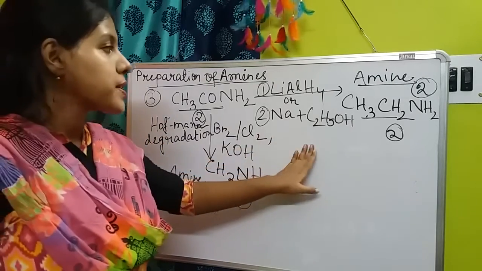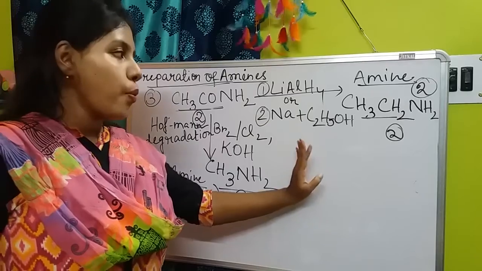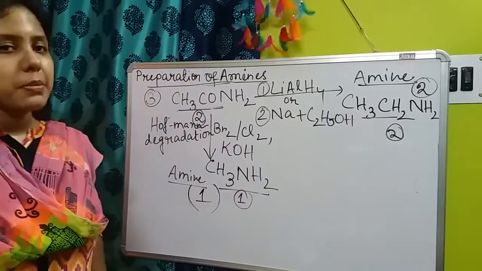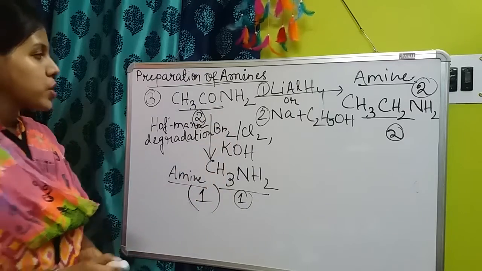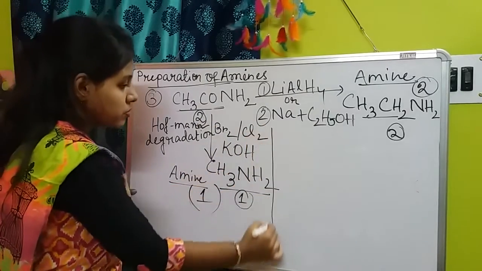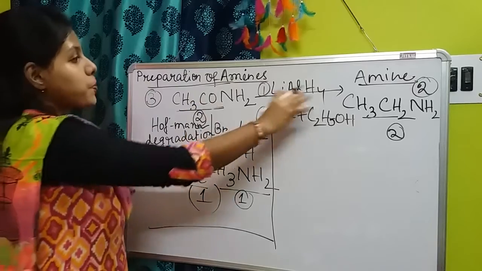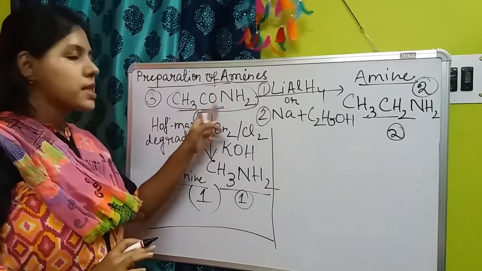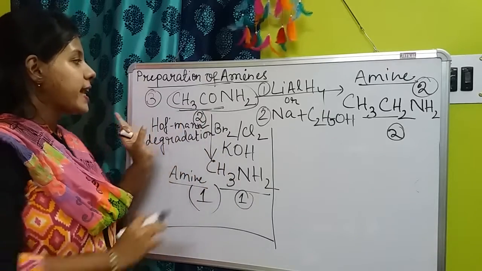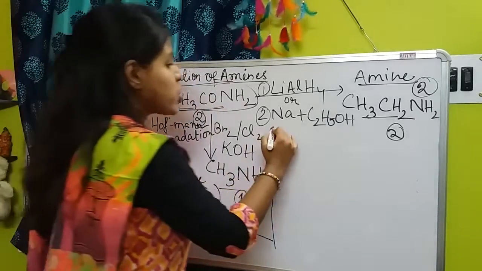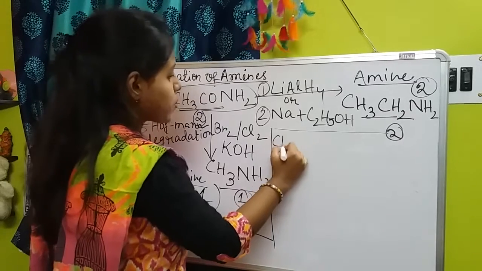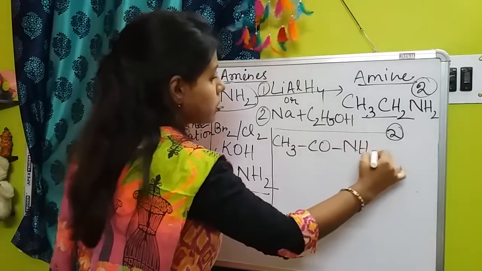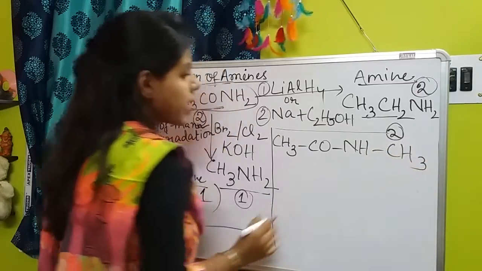And in the other process, by direct reduction, we are getting the amine compound which has the same number of carbon atoms as the amide. Okay, so this was another step. Now the same process we could carry out by using a substituted amide like this one, CH3CONHCH3.